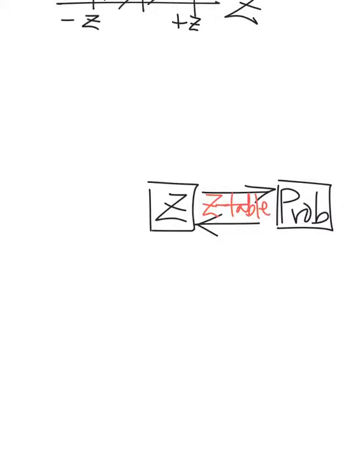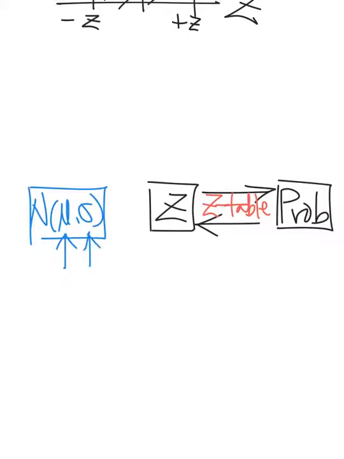But today, I can add any kind of normal distribution, any mean, mu, any sigma, any standard deviation, but still we can take the z-score.